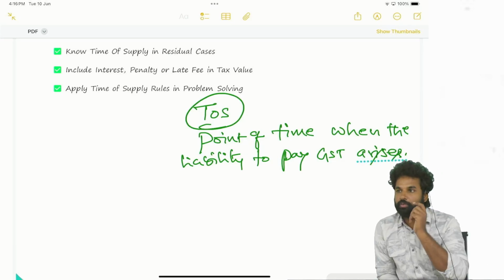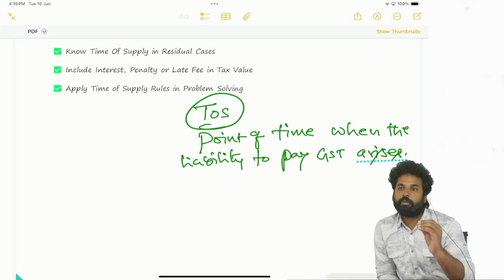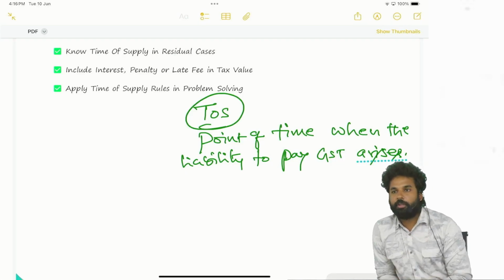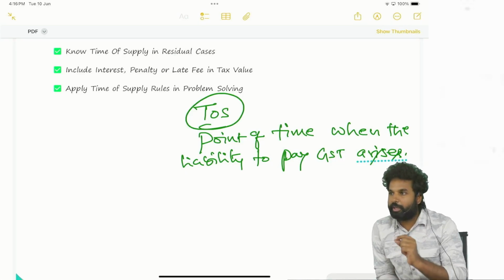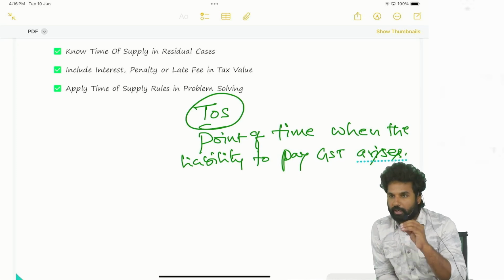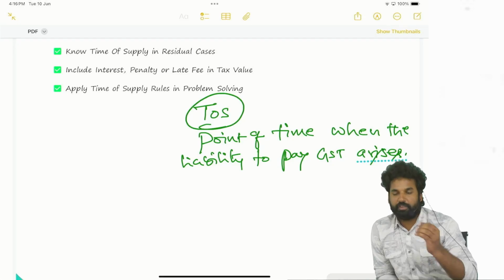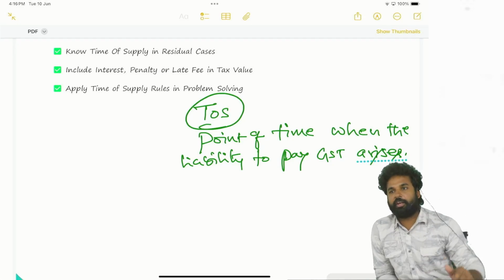First of all, by the charging section, GST liability will be created on the dealer, on the registered person, on the taxable person. Once the liability is created, it will be collected later. Once the levy is done, collection will be made later.